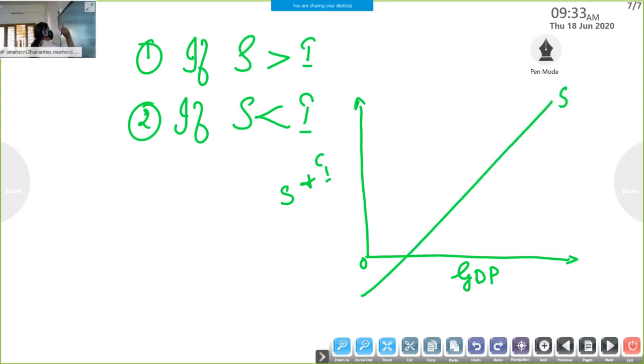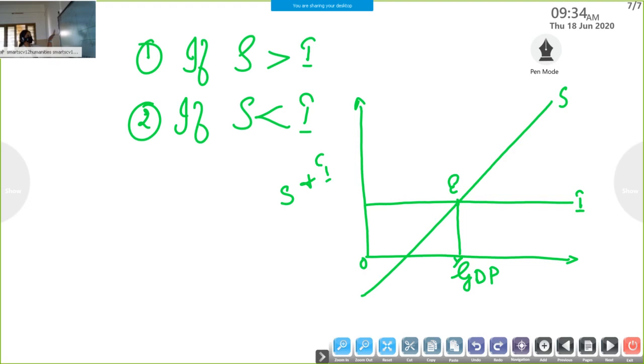Investment we are taking as autonomous investment, right? It is constant, that's why it is parallel to the income axis. Here the two curves intersect at point E. This is our equilibrium level. So we can say EY shows the equilibrium level of the economy or effective demand, or the OY level of income shows effective demand or the equilibrium level of income. Now the economy is in equilibrium.